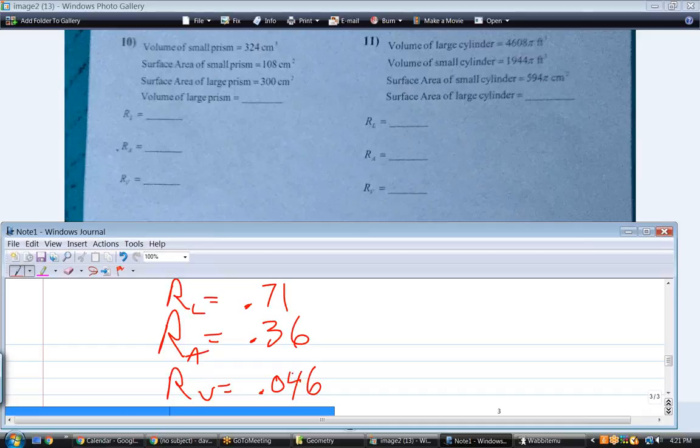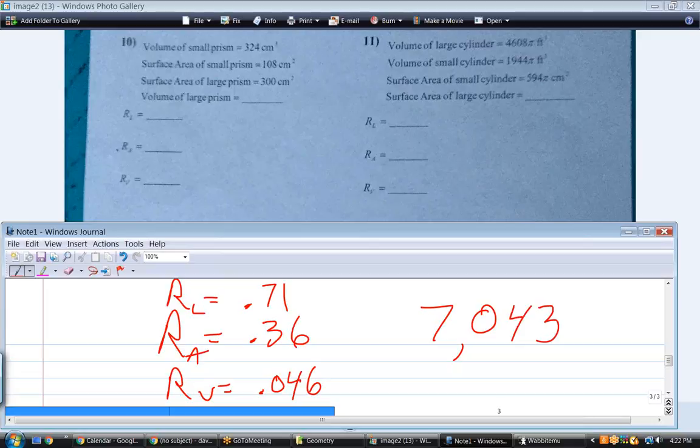So what do you get when you divide 324 by 0.046? 7,443. Seems strange, doesn't it? Yeah. But it's not.